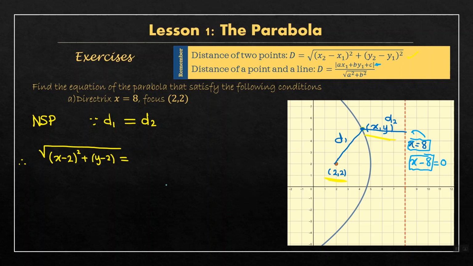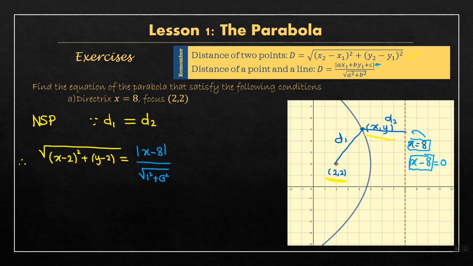So it's going to be the modulus of x minus 8 over the square root of a squared plus b squared. What is a squared and b squared? A is the coefficient of x, which is 1, so 1 squared, plus b is the coefficient of y. You don't have a coefficient for y, so it means it is 0 squared.